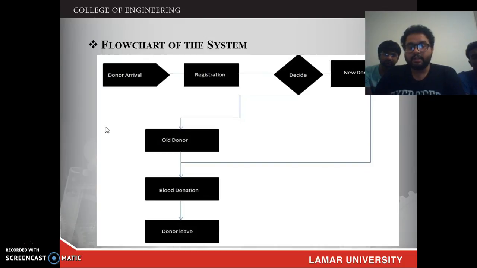The old donor goes directly to the blood donation process because all of the old donor's data is already in the system, and if it is a new donor, then the new donor has to register from the beginning. After the registration of the new donor is complete, the new donor goes to the blood donation process.